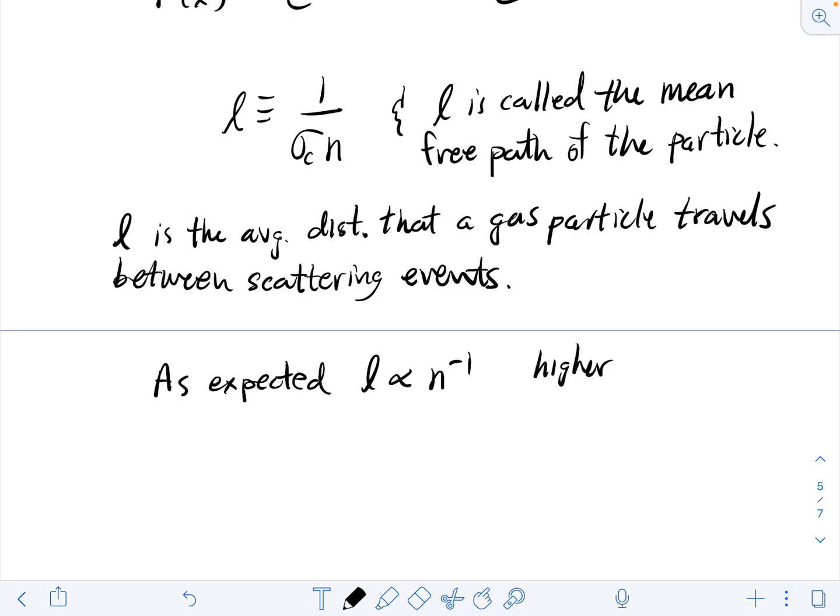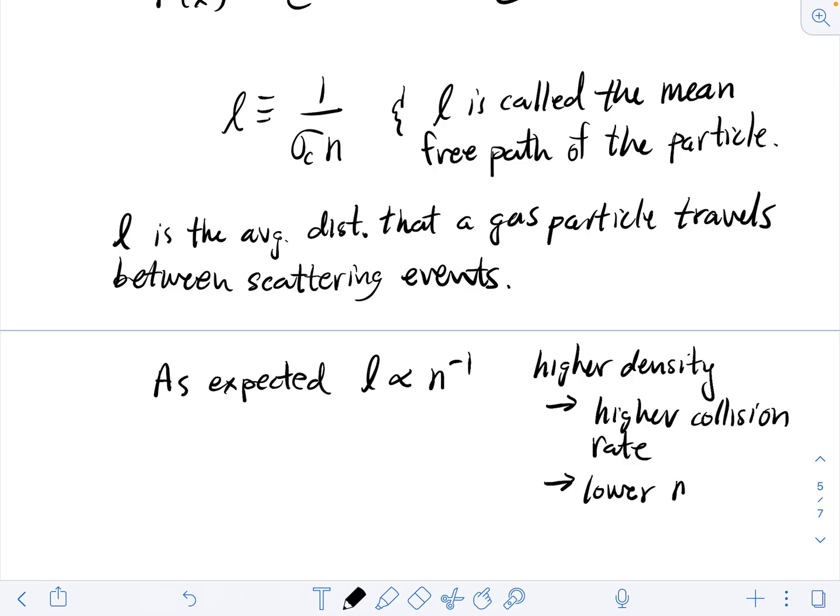And so that means higher density results in a higher collision rate between particles, and therefore a lower mean free path L.